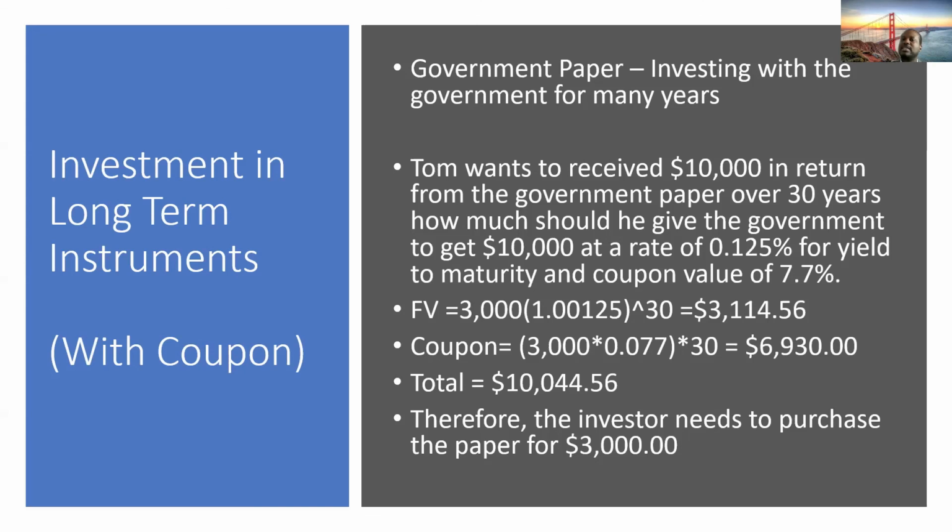The yield to maturity is basically, if you hold the instrument to the end of its term, you would get a particular rate of return. So you get a yearly rate of return in addition to a rate of return for holding the instrument until the time it matures.